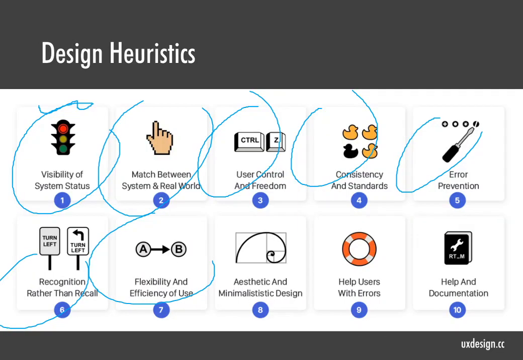And 8. Are you letting the users not spend a lot of time on unimportant stuff in your design? And does your design help the users find and fix errors by themselves? Finally, does your design provide manuals and how-to tips?